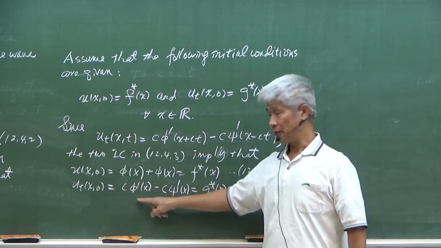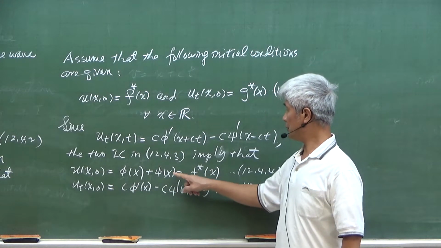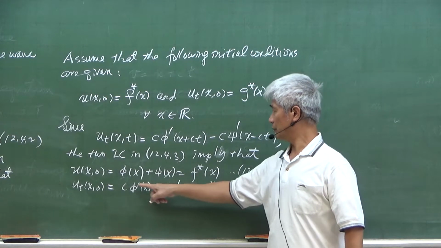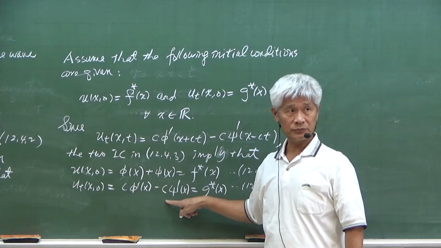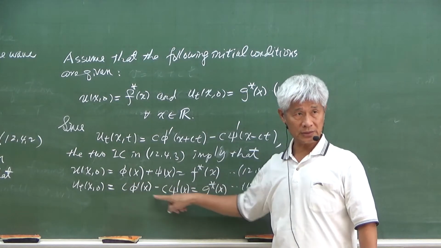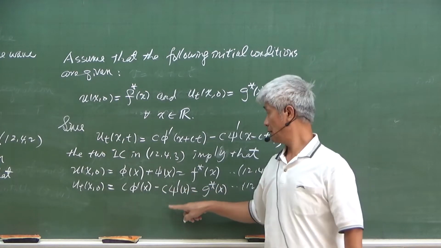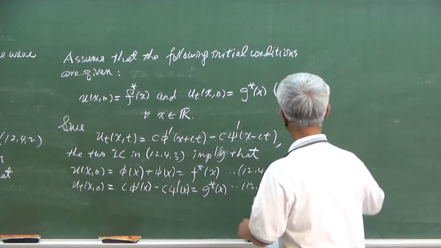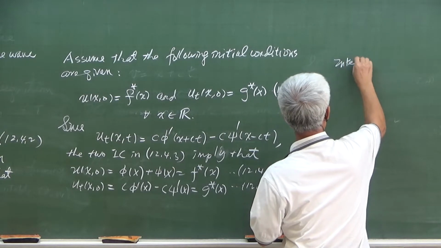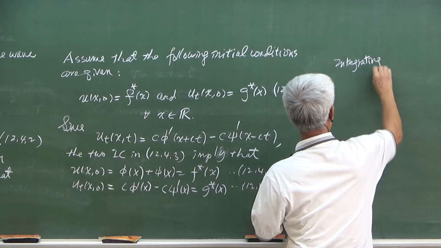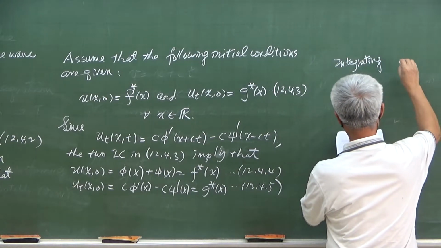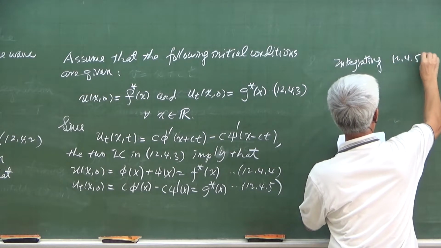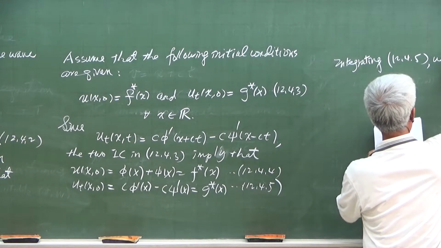Now, before we solve for phi and psi, we do the integration relative to x, because this involves the derivatives. So we integrate 12.4.5.